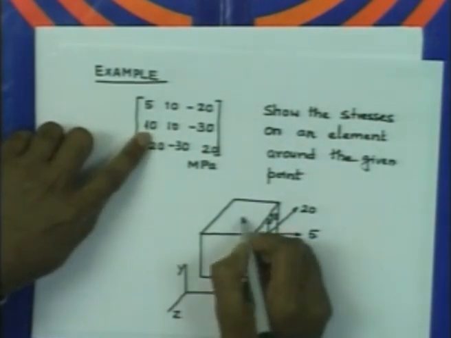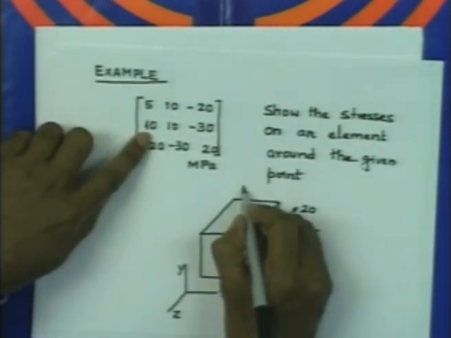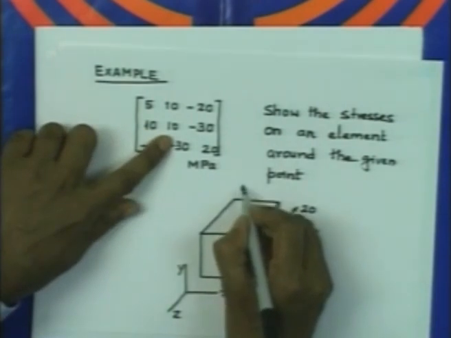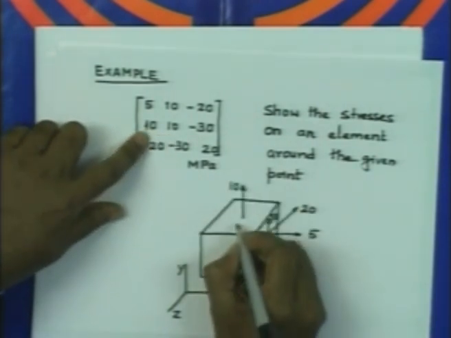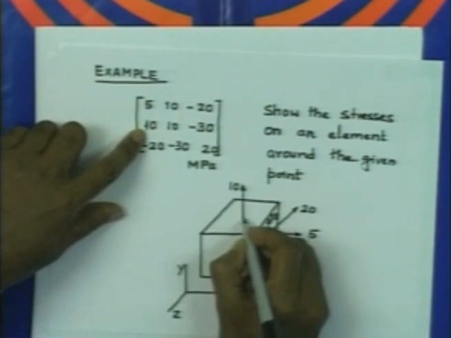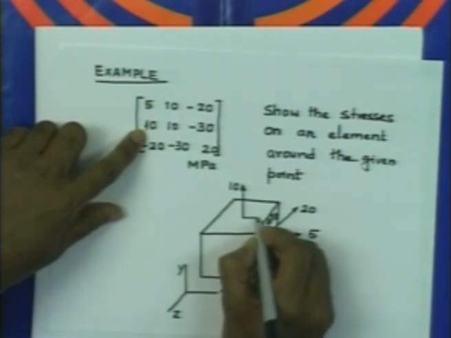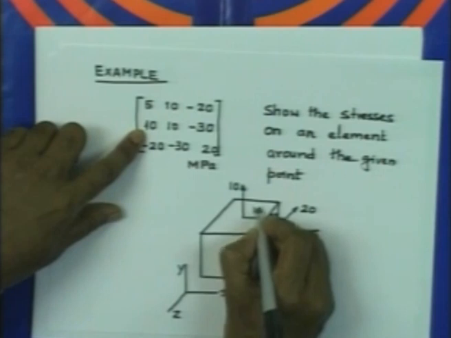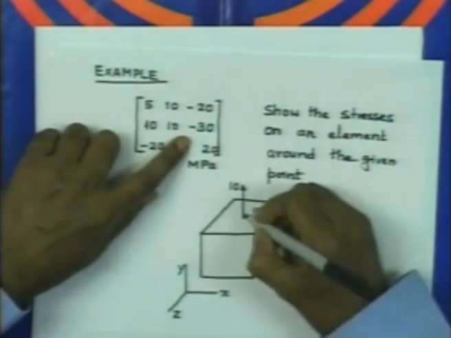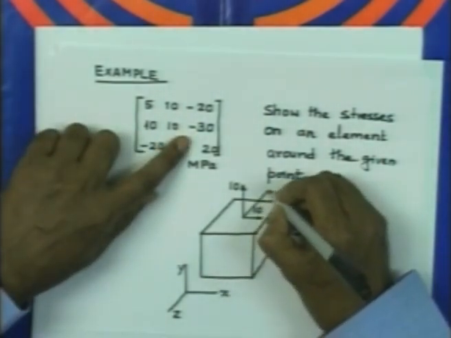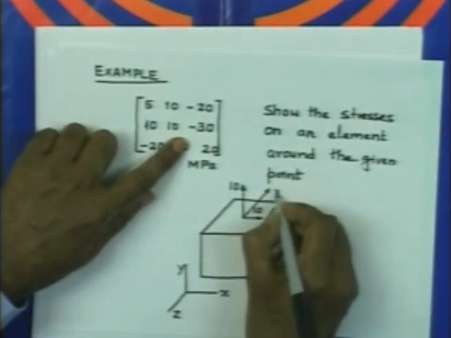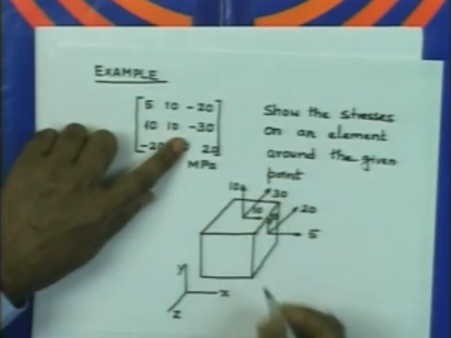Similarly here on the y plane we have normal stress of 10 acting in the positive direction, and the shear stress is acting in the positive direction, so this is 10, and this shear stress is acting in the negative direction, in the z direction.